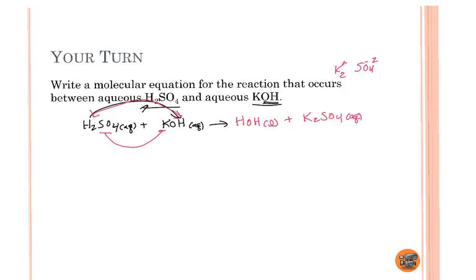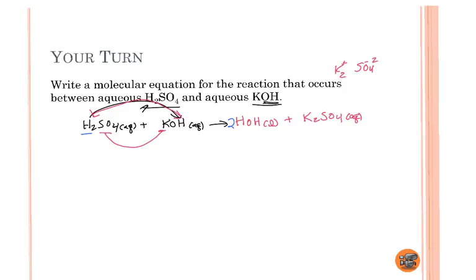Now, the second step that we want to do is balance our equation. Here we have 2 hydrogen ions. Here we have 1. So we need to put a 2 right there. Okay. Here we have now 1 sulfate, that's fine.